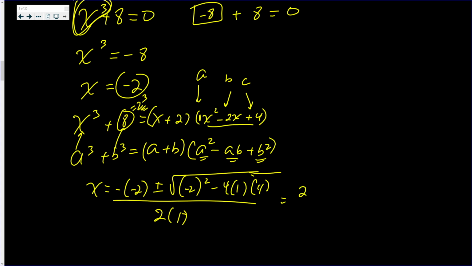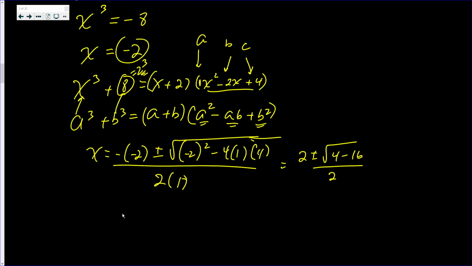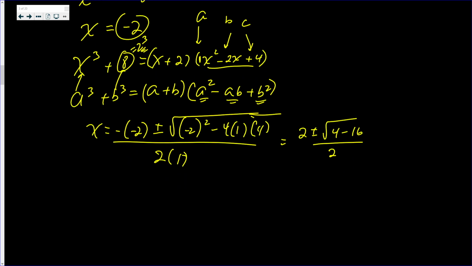So I get 2 plus or minus the square root of 4 minus 16, negative again. And this time we get -12 under the radical. So this is equal to 2 plus or minus the square root of -12, over 2.